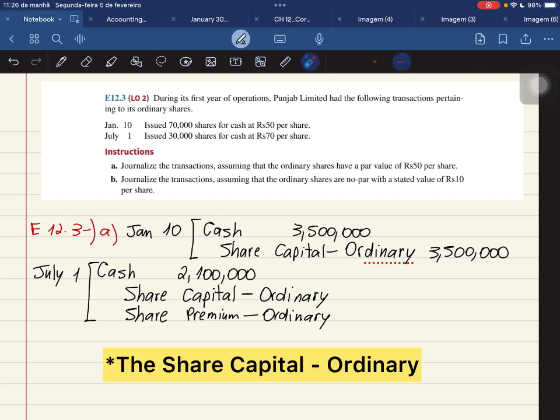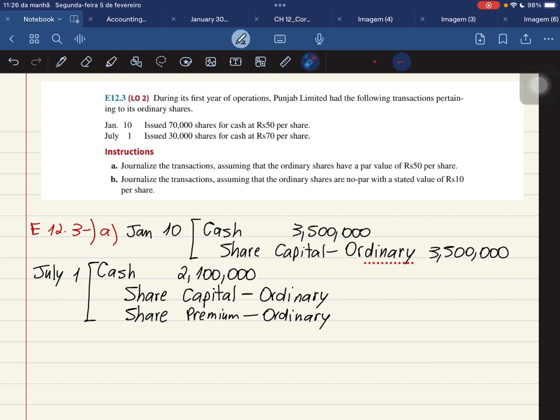The share capital ordinary is going to be the number of shares times the par value. That gives us 1,500,000. And remember that I told you share premium ordinary is always the difference, because how much more was issued at a premium? In this case it was 600,000. And that is letter A.